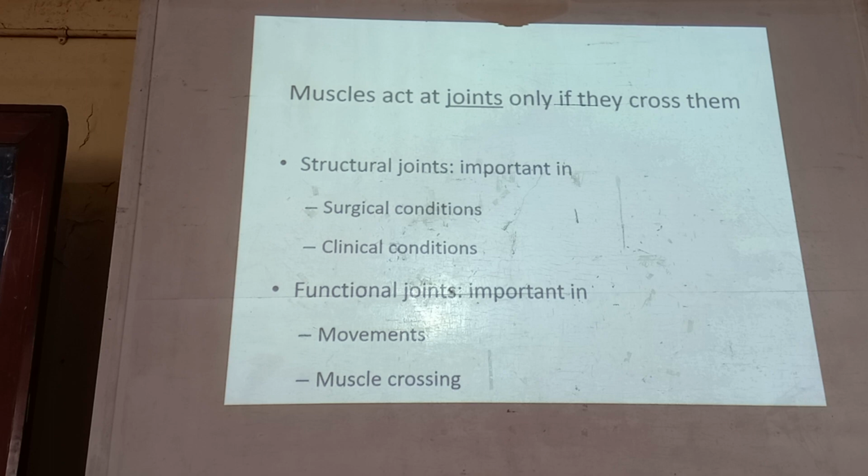The remaining 60 degrees are scapular rotation. Scapula rotates with the humerus. So it's not a movement at the shoulder joint, it's a movement at the shoulder girdle. So the total 180 degrees of shoulder abduction consists of 120 degrees of shoulder joint abduction and 60 degrees of scapular rotation.